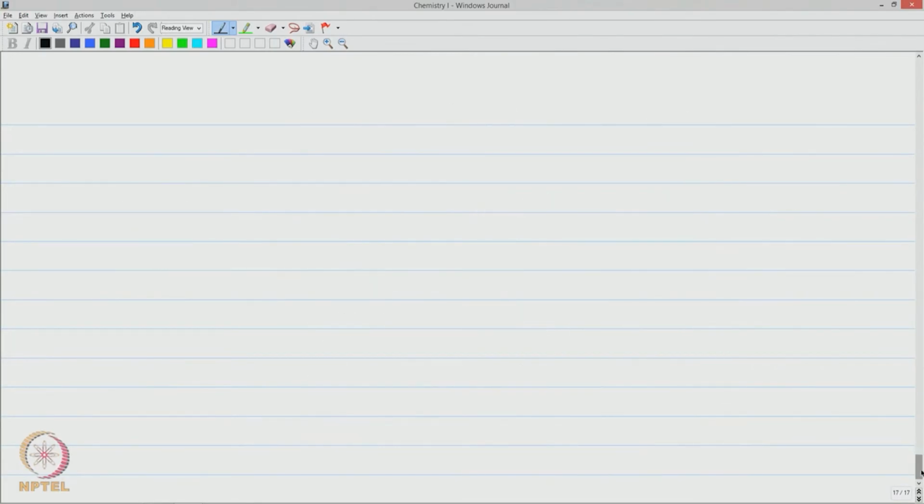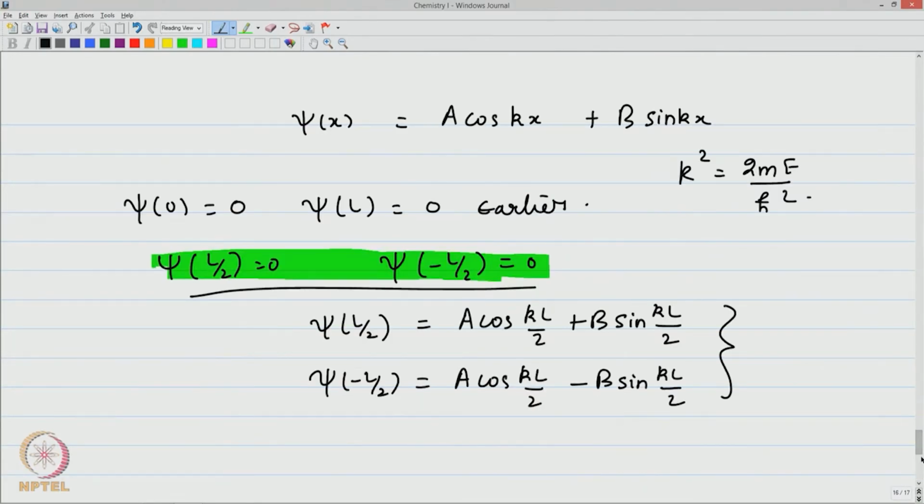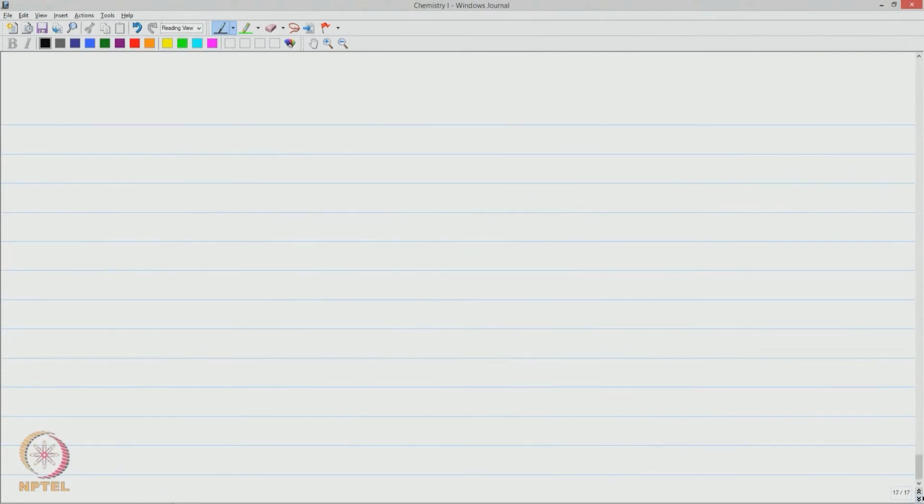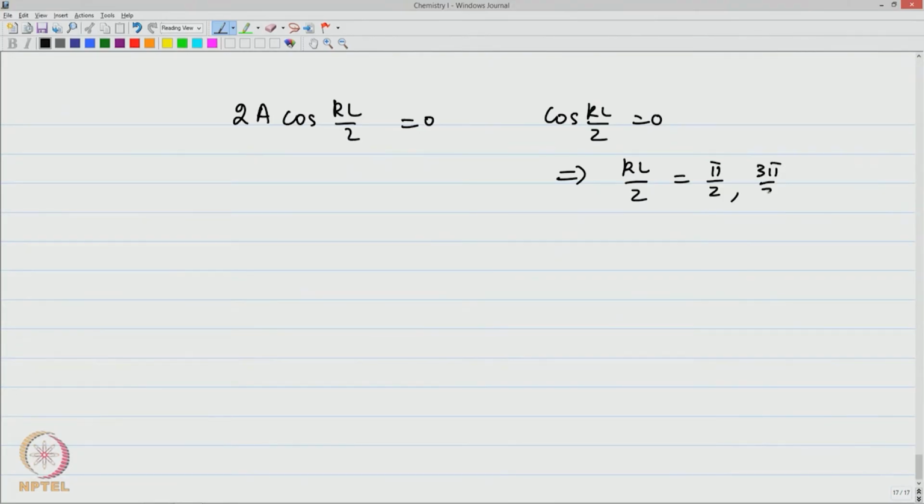Now, the boundary conditions are such that you have two equations, a plus b and a minus b, and therefore, if you add you get one equation, if you subtract you get the other equation. So, if you add you get 2a cos k L by 2 is 0, and if a is not 0, that means cos k L by 2 is 0, which implies k L by 2 is either pi by 2 or 3 pi by 2 or 5 pi by 2 and so on.